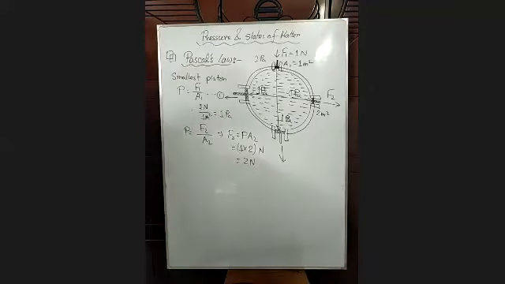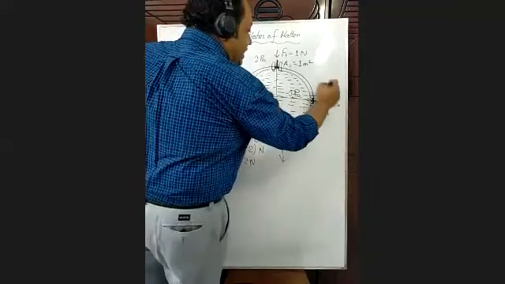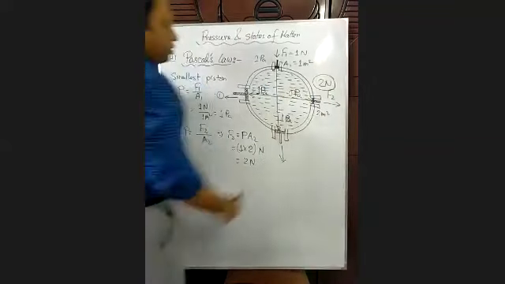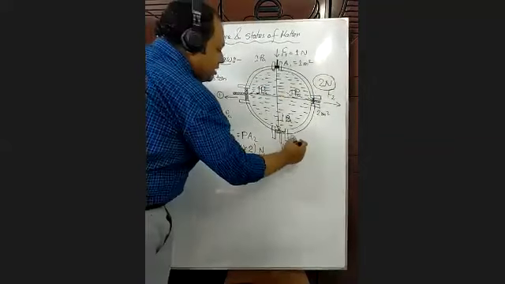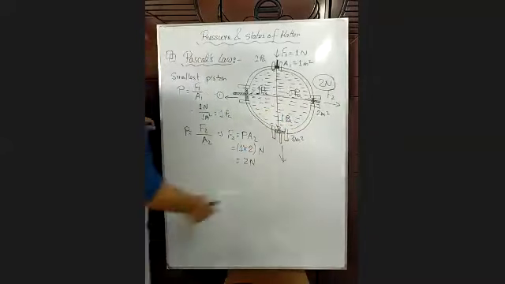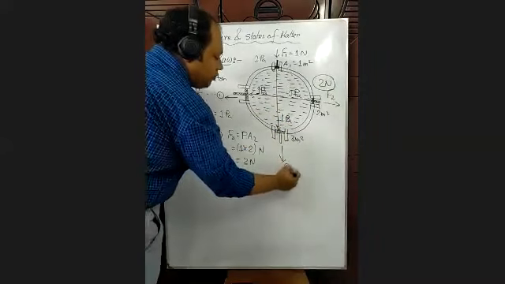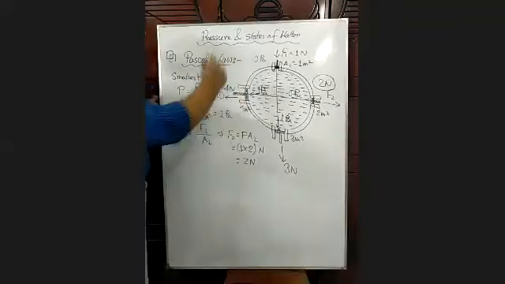So for the second piston, I get the value of F2 as 2 Newton. Again, if it is 3 meter square, because it has different areas, then you will get 3 Newton for it. Similarly, if it is 4 meter square, you will get 4 Newton for it.